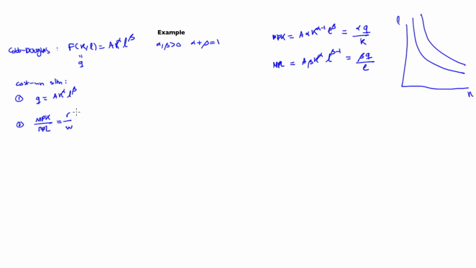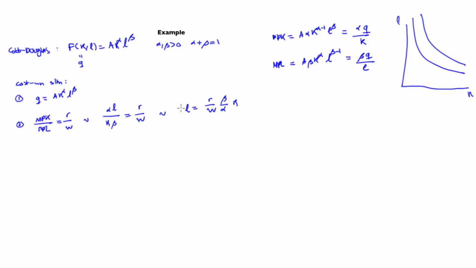Using this, that is just equivalent to alpha L over K beta equal to R divided by W. Okay, it's a little bit of algebra in that step, but that follows immediately, and that is also equivalent to L equals R divided by W, beta over alpha, times K.